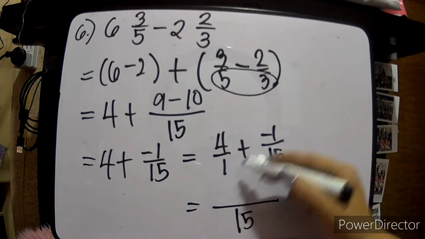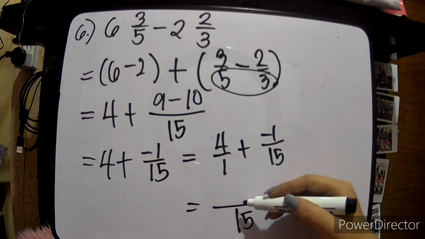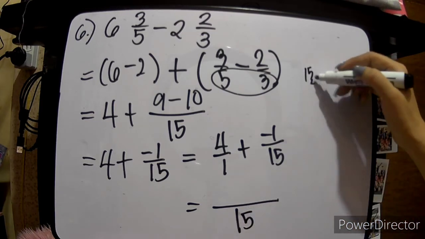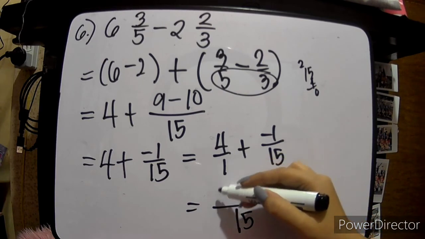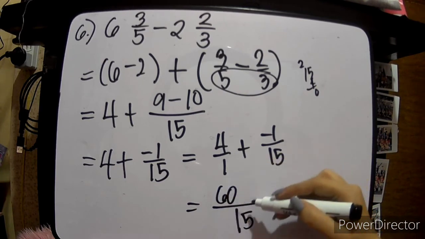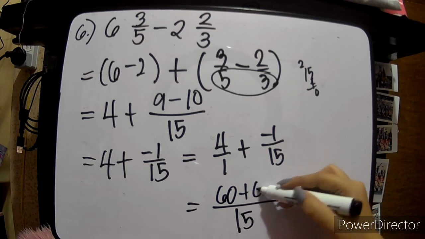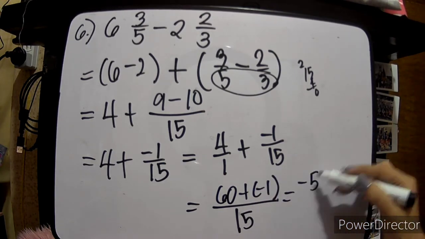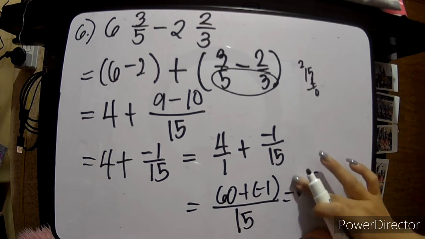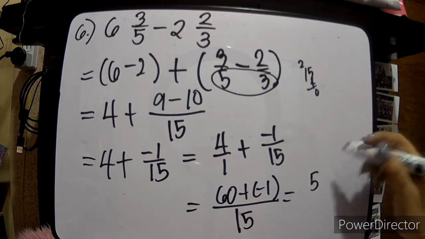And then, let's multiply 15 times 4. So, that is 60 plus negative 1. So, this will give us positive, kasi mas mataas yung 60.